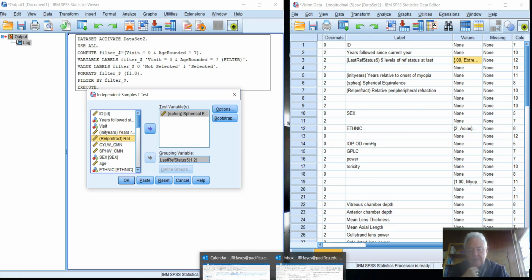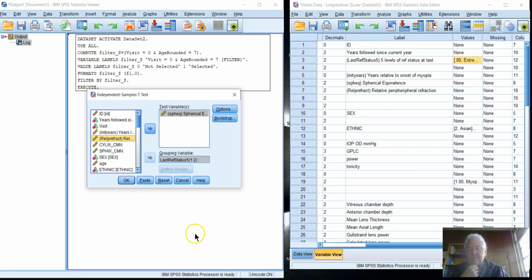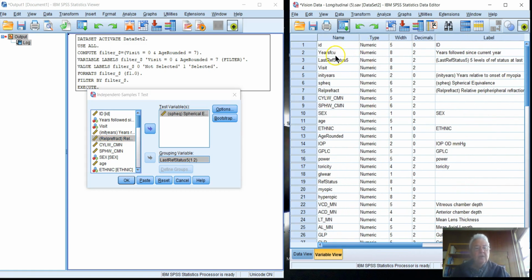One of the limitations with SPSS, I think, is it shows the label and not the variable name, and you need to figure out what that is. So what I do, like this is last refractive status, I put in the label for that variable last refractive status and then tell what it is in the label. That way I can easily find what I'm looking for over here.